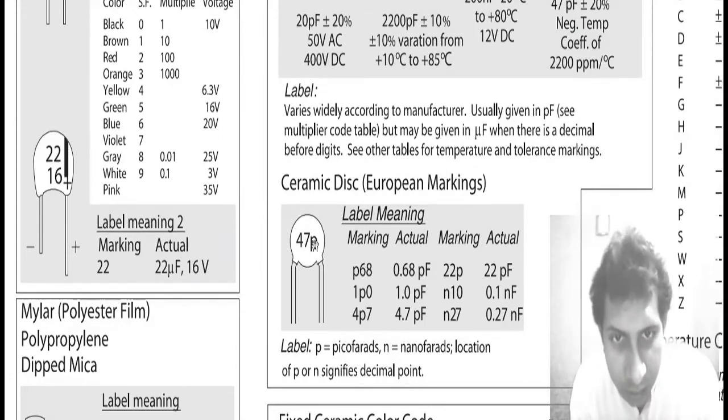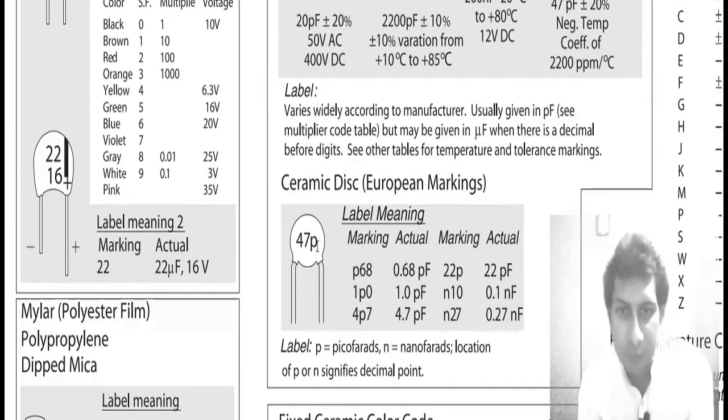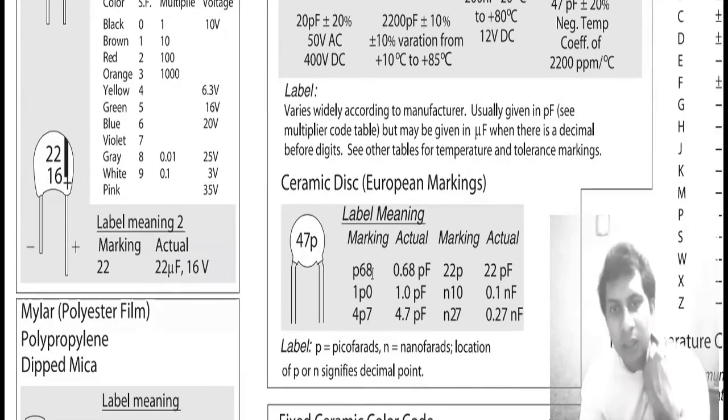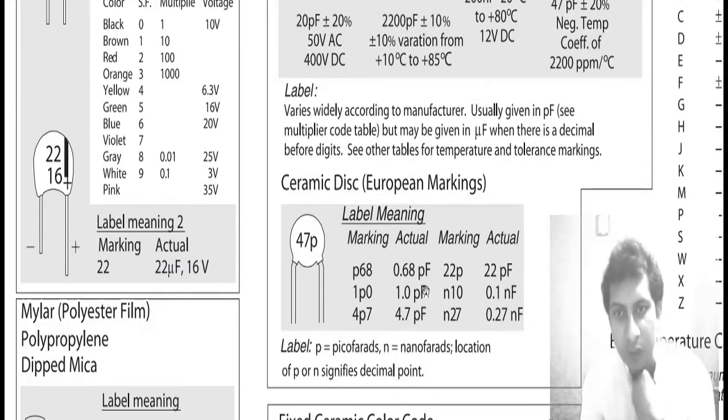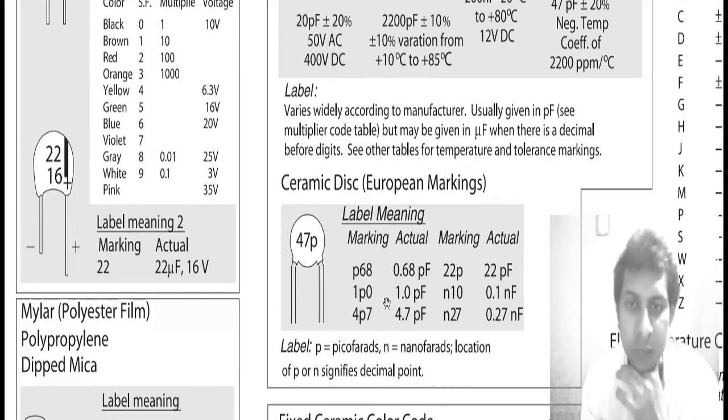If it is at the rightmost side of the digits, then it is 47 picofarad, without any change. If it is P68, that means 0.68 picofarad. If it is 22P, that is 22 picofarad. If it is 1P0, that means 1.0 picofarad.